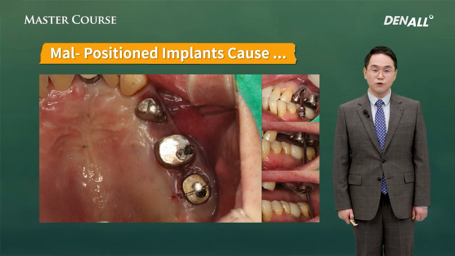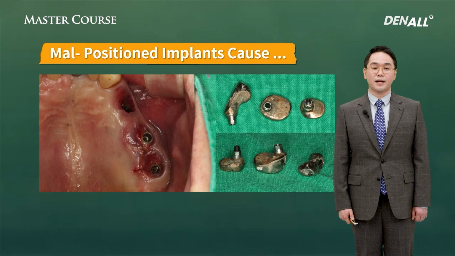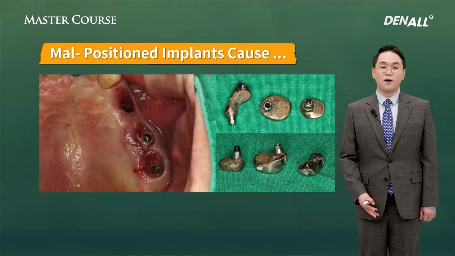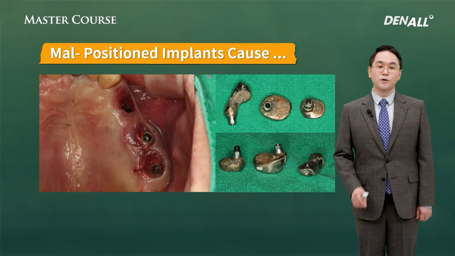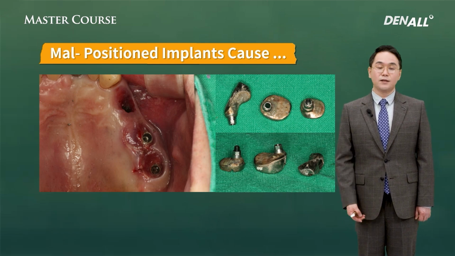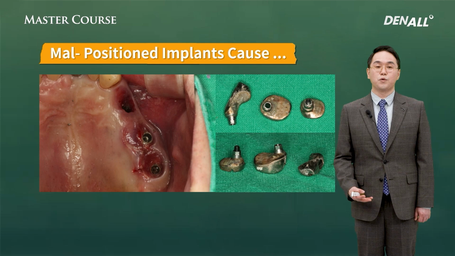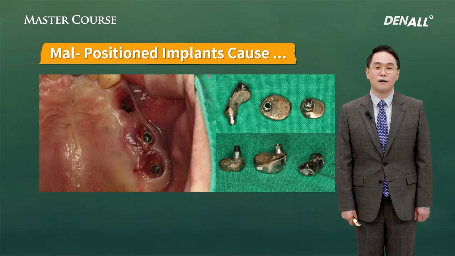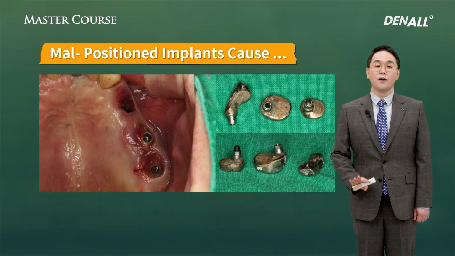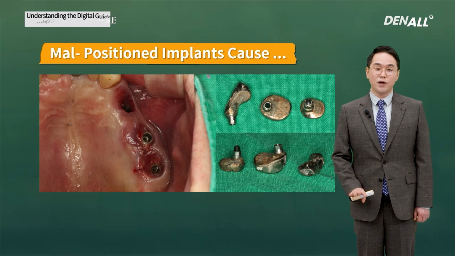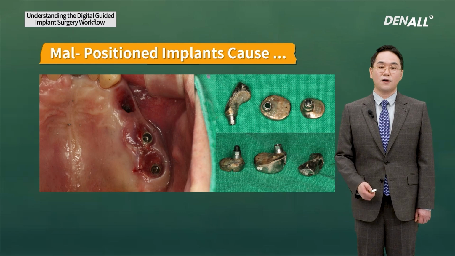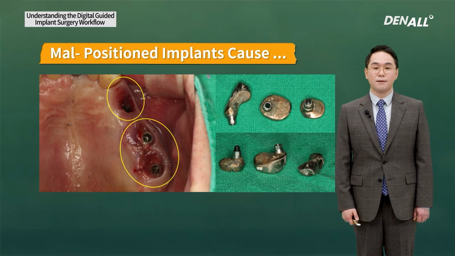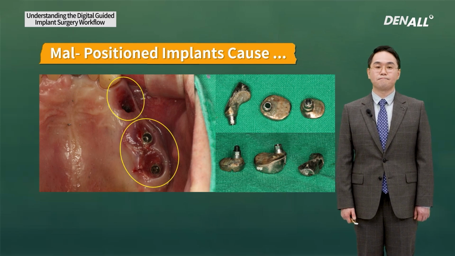So this is a case where implants are too buccally positioned. Therefore, to compensate for the malpositioned implants, gold cast abutments were fabricated, but an excessive cantilever is made palatally. Below the palatally extended cantilever, plaque control was not possible, so the gingiva in that area is inflamed.